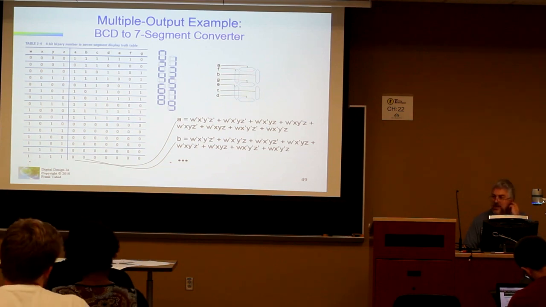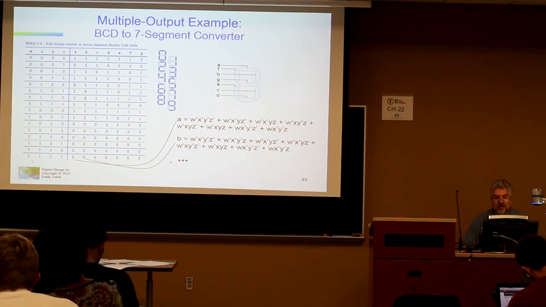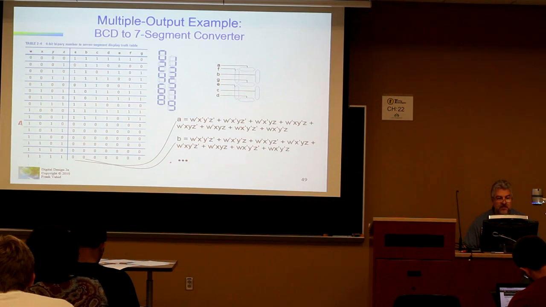I want you to do a K-map, but I want a change. This is going to be A, B, C, D, E, F.